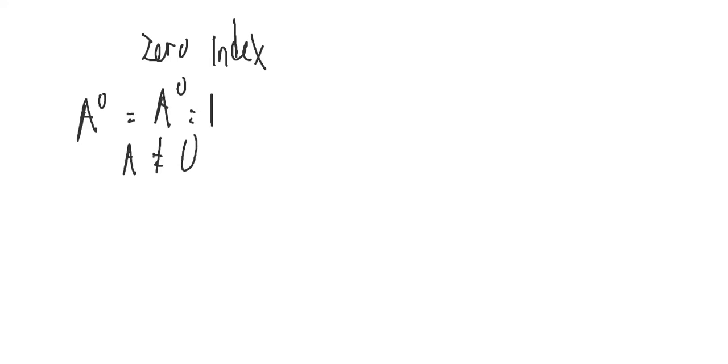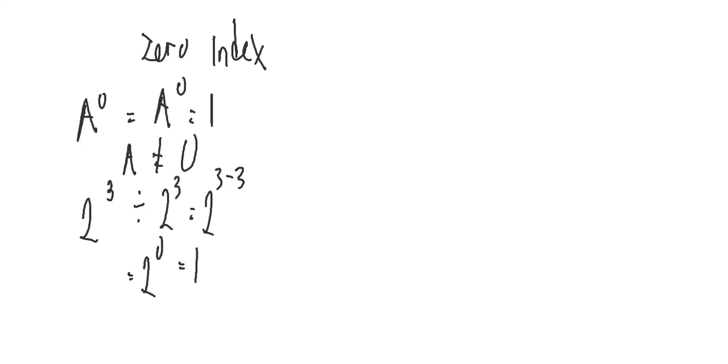Any number other than 0 raised to the power of 0 will become 1. For instance, if I bring the division rule, if I have 2 raised to power 3 divided by 2 raised to power 3, this becomes 2 raised to power 3 minus 3, and this becomes 2 raised to power 0, and this becomes 1.